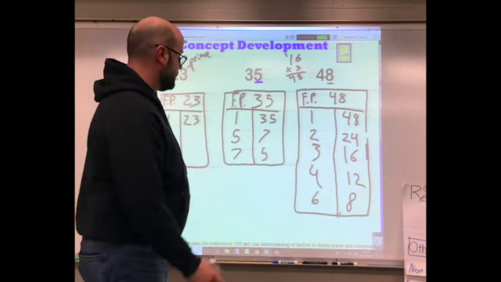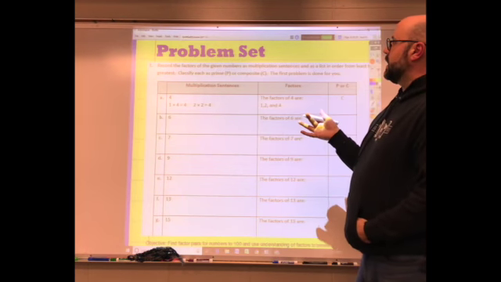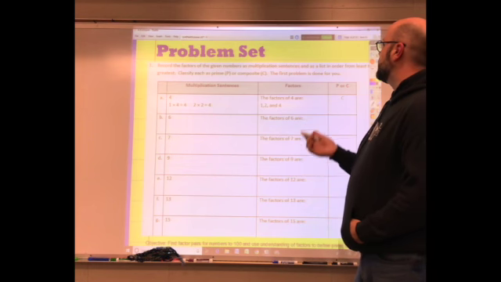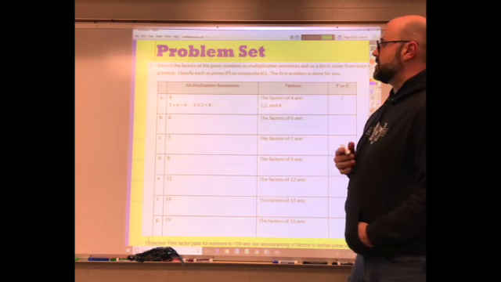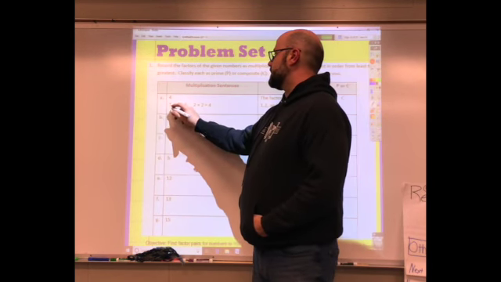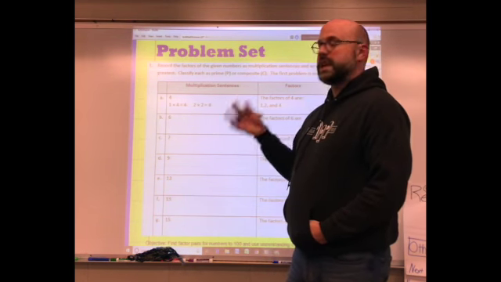Okay? So guys, the work that you're going to be doing is this problem set. You're recording factors of the given numbers as multiplication sentences. When I say multiplication sentences, look at the example here. Number 4 says 1 times 4 equals 4. 2 times 2 equals 4. Those are multiplication sentences.